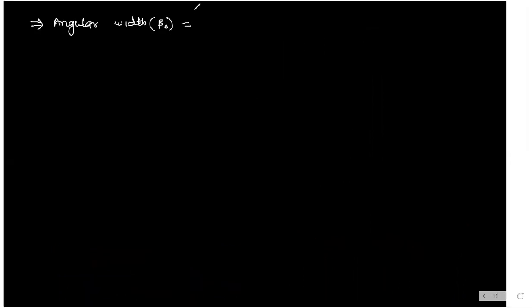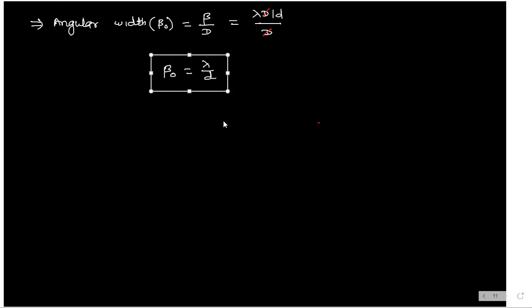So angular width beta naught is equal to nothing but beta by D, and this is equal to lambda D by small d divided by capital D. So this D and D will get cancelled. Then beta naught is equal to just lambda by small d. If they are asking you angular width, you can find it using this.